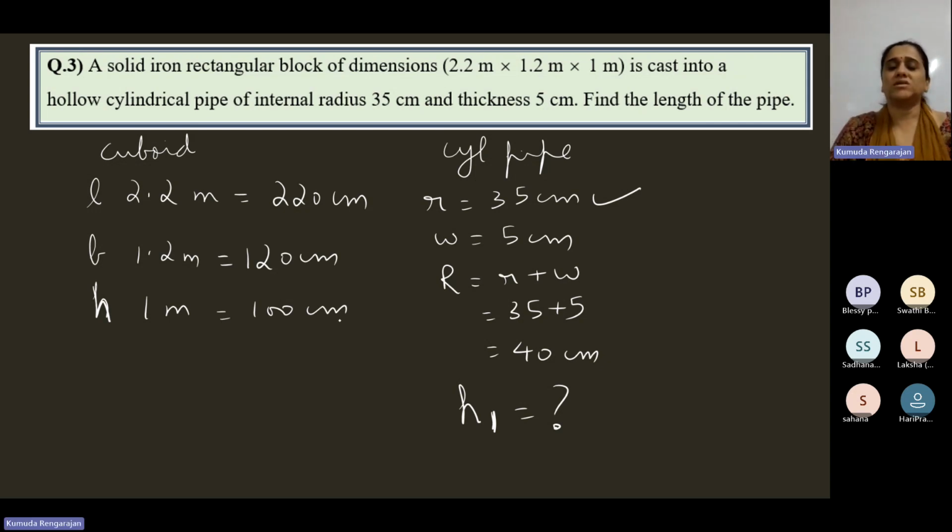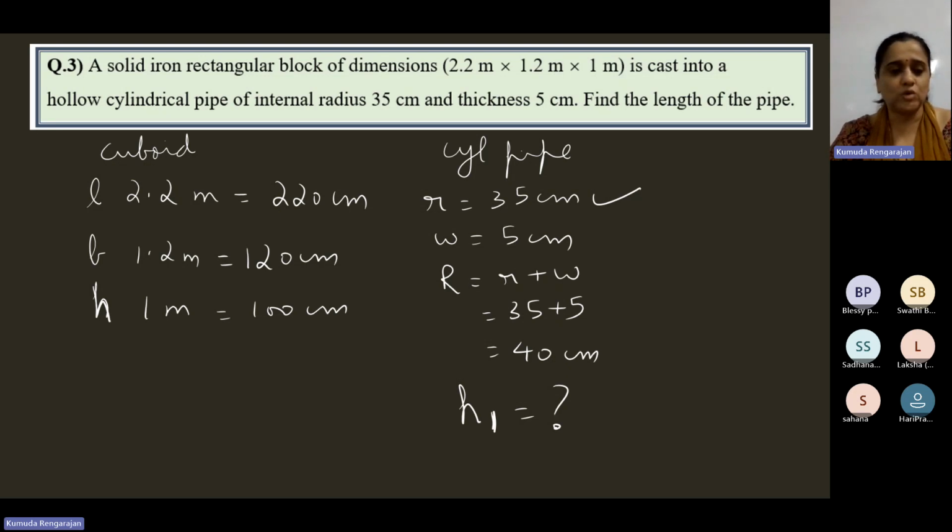Now, what is happening in this question? The cuboid is cast, meaning it is converted. This iron is melted and converted to a hollow cylindrical pipe. The solid cuboid made of iron is melted and is made into a hollow cylindrical pipe. So one solid is converted to another solid, so their volumes will be the same.